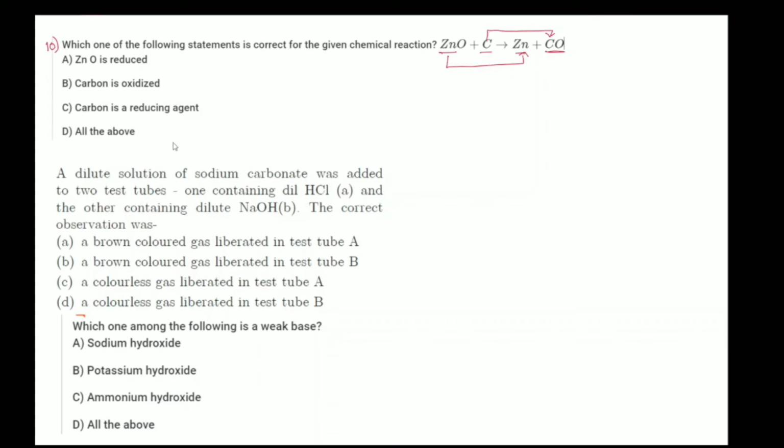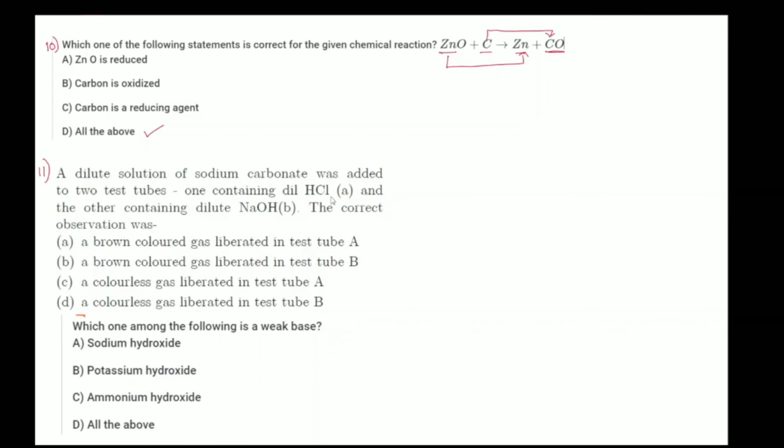So all the statements are correct, and your correct answer is all of the above. Okay, let us move on to the next question. We have question number 11. A dilute solution of sodium carbonate was added to two test tubes, one containing dilute hydrochloric acid, and the other containing dilute sodium hydroxide, NaOH.